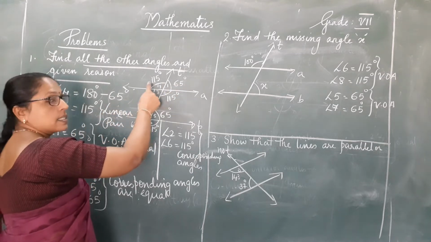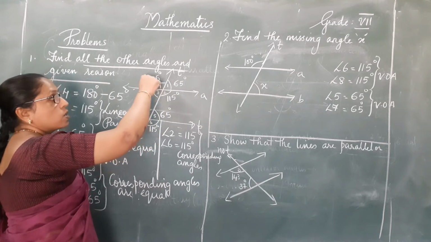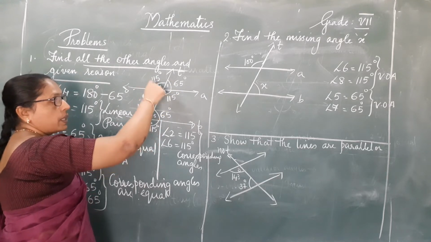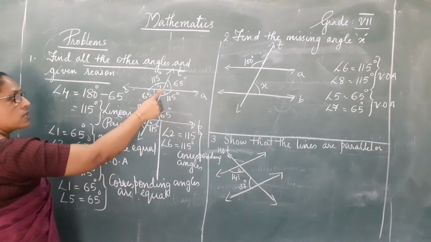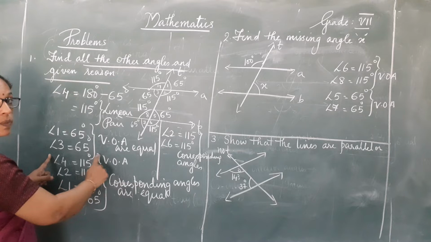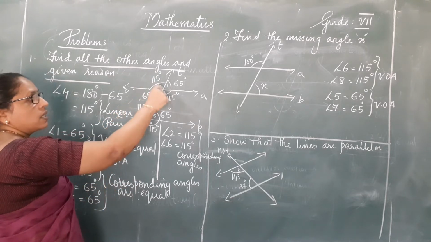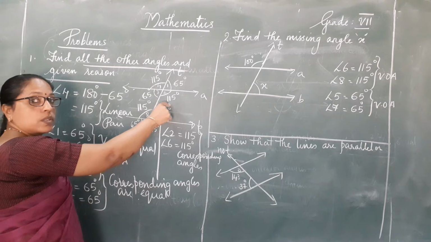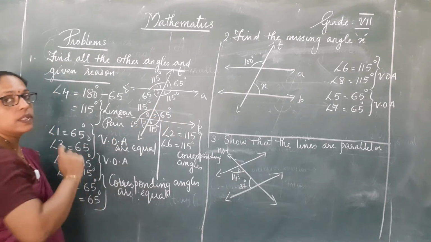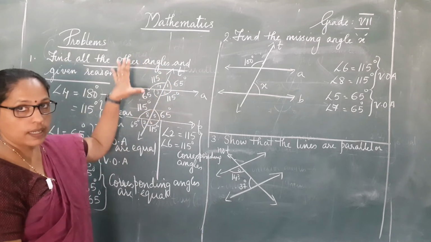So these two angles are found. One was given and one was found. Now we can use the vertically opposite property. Angle 1 equals 65, so angle 3 equals 65. The reason is vertically opposite angles. Same thing: angle 4 equals 115, so angle 2 is also 115, vertically opposite angles. So in the upper part all the angles are found.